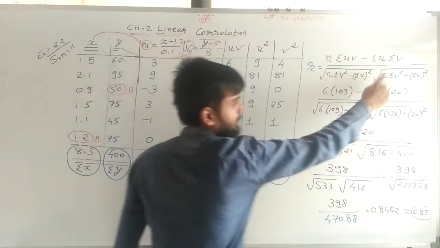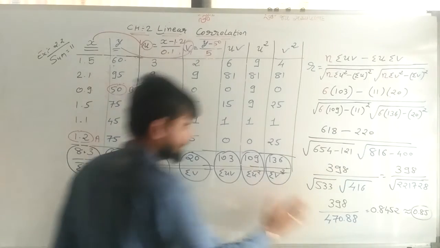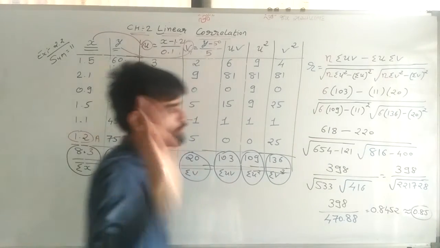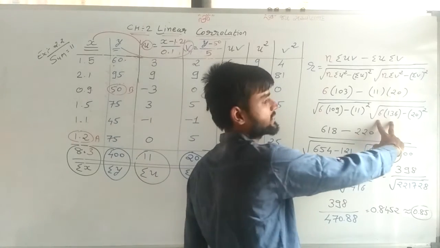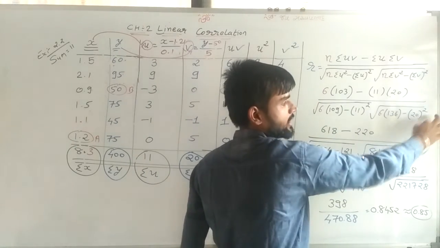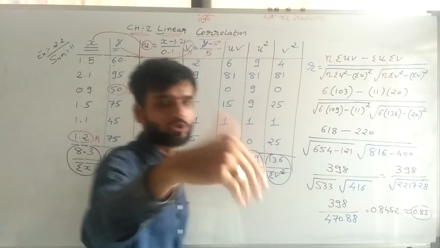Second, under root n is 6, sigma v square here is 136, so 6 into 136 minus sigma v whole square, 20 whole square.